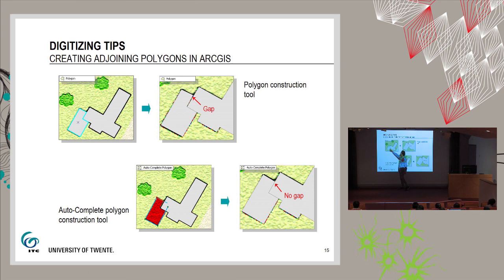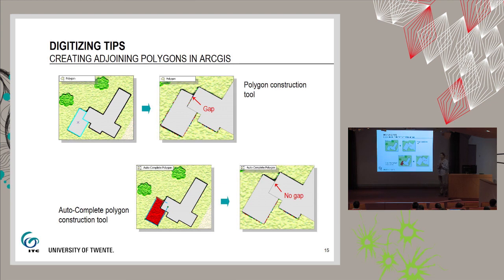And if you digitize this with the polygon construction tool, you digitize these two polygons as two separate polygons. What will happen if you zoom in? A gap, you see? Or a sliver polygon. Because you digitize this boundary twice. And you should not do that, yeah?